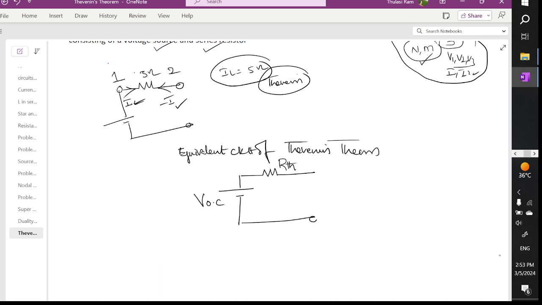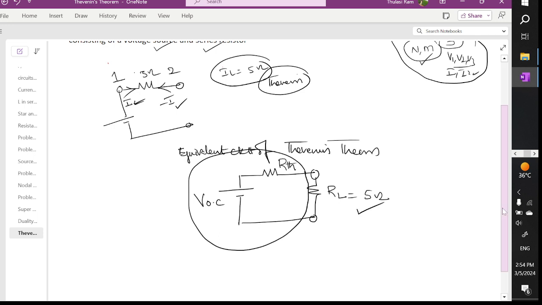This is the equivalent circuit, and you have to remove the load resistor and replace it like this, where this is called RL. For example, this is the load resistor given to us, 5 ohm. We want to replace the complete network with this network and place the same load resistor RL.